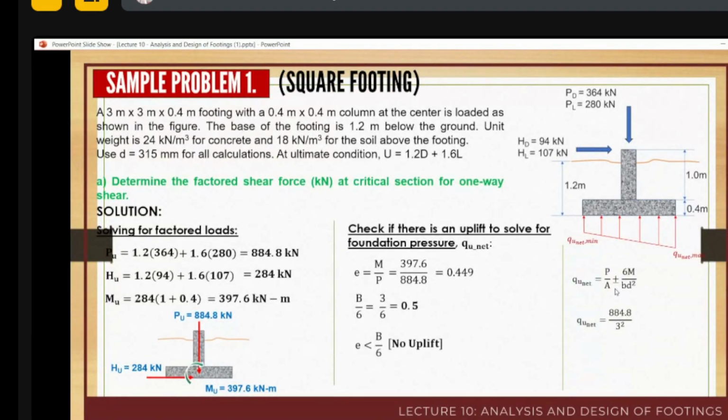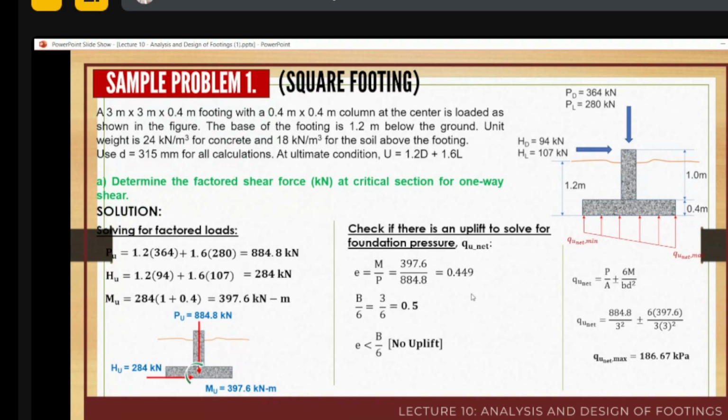Therefore, since there is none, then we can use the formula P over A for the q unit, plus and minus 6M over b squared. Given the P, the area of our footing is 3 by 3, so that's 3 squared.